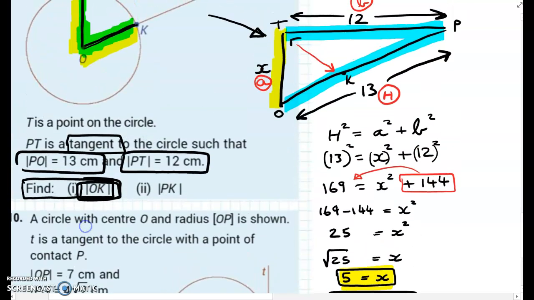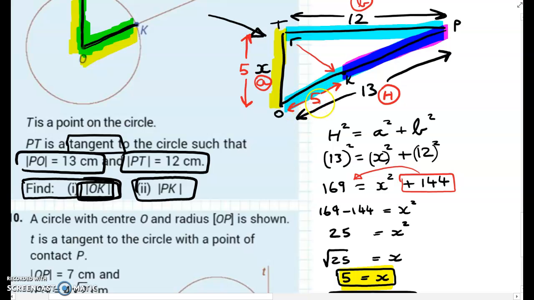Now they want to find PK. PK is that little bit there. Well, you just found out that this bit was 5. You knew that because you found this bit to be 5.